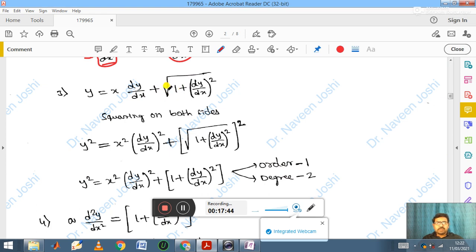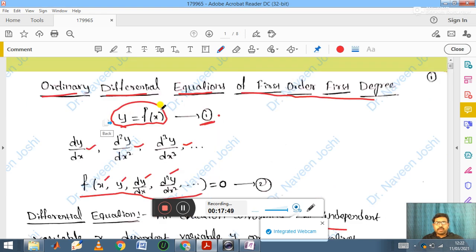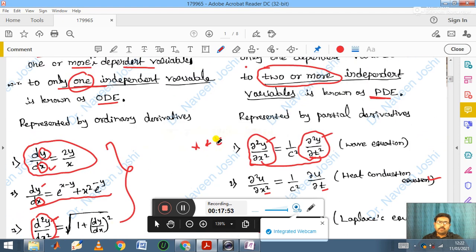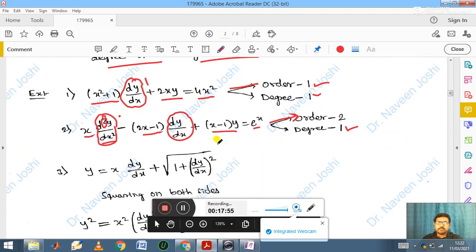So this expression contains a square root, so for that you do squaring on both sides.